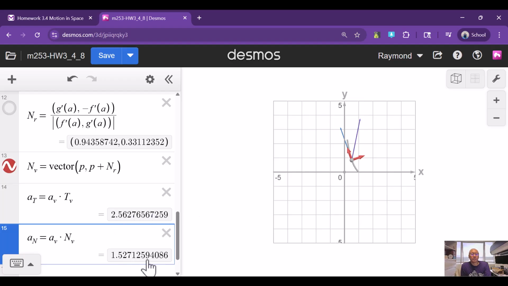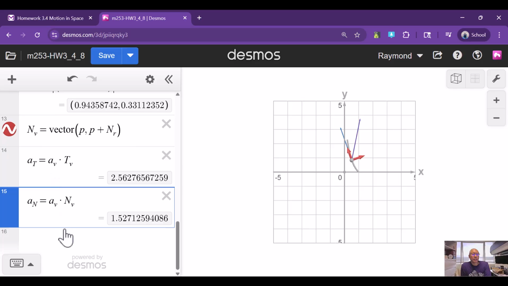Okay, so there are our lengths. To verify this, I want to show you how this is actually working. This is the number that we're going to multiply the unit tangent vector by, so that we can stretch it, and then that would make your unit normal vector.